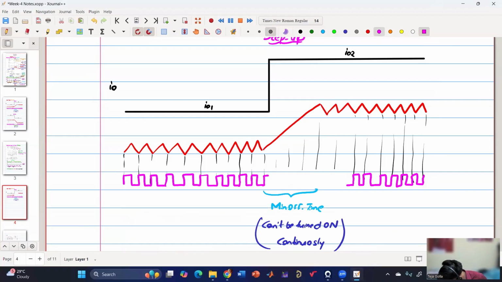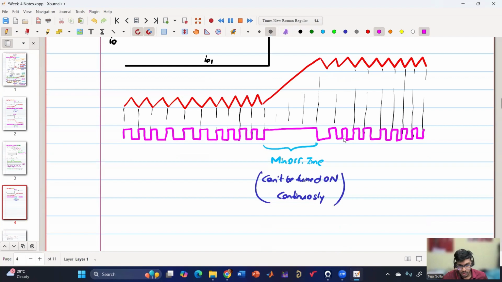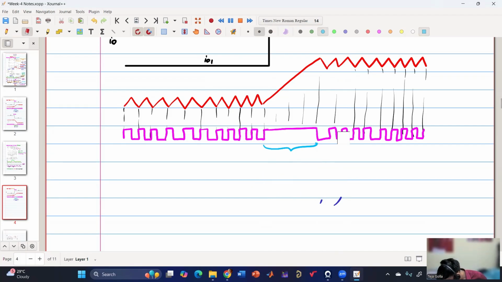So now what is happening? This entire time is on, then off, then on, off, then on, on. So here we have maximum on time, which means our switching frequency is, or instead of using switching frequency, our switching time period is maximum.